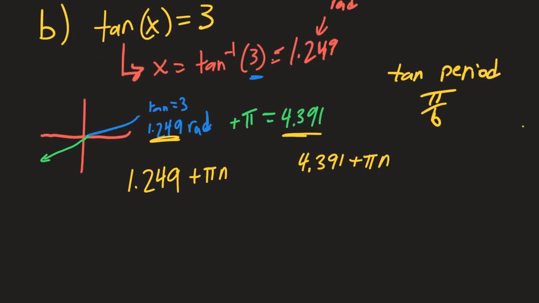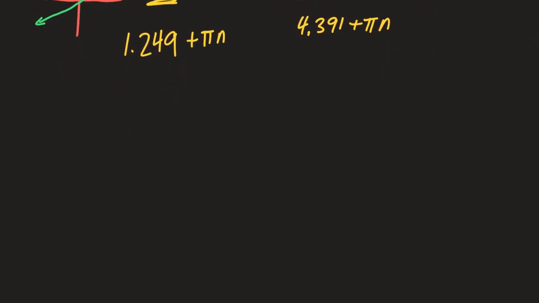Okay, if we just keep chugging along, let's take a look at C. So part C reads as 3 tangent squared of x equals 1. And there's just a lot going on here. I don't have the tangent by itself, so it's very difficult for me to just guess what that x value is going to be.